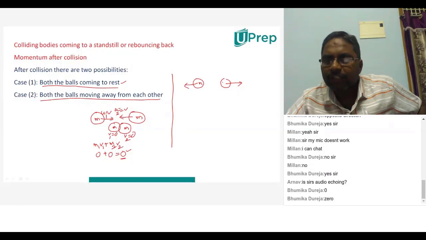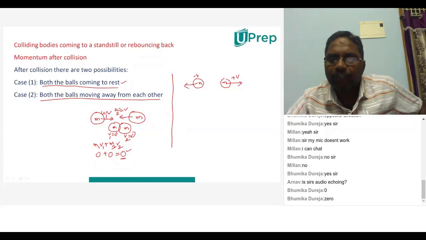If I treat the velocity of the object moving to the right as plus v, then definitely the object moving in the opposite direction will be minus v. So both balls are moving away from each other with the same velocity.